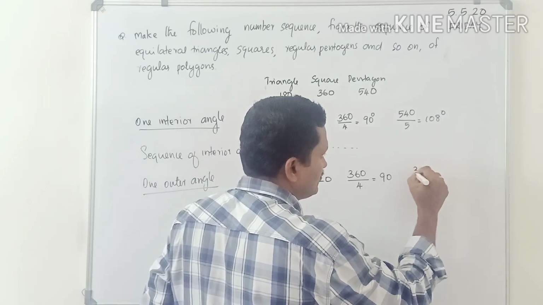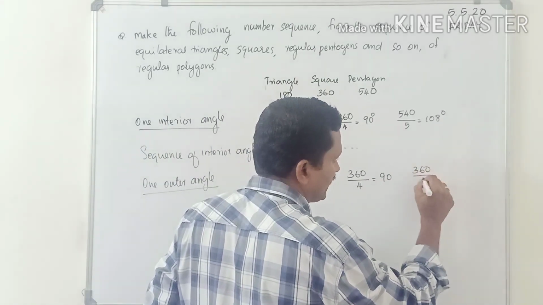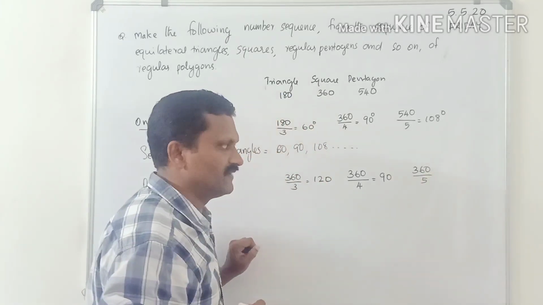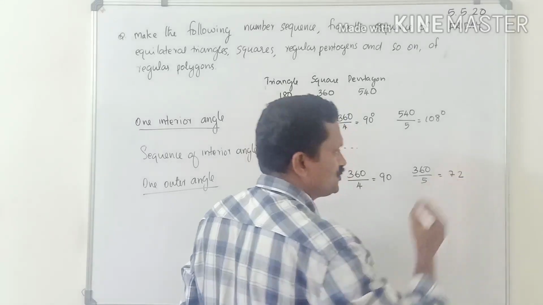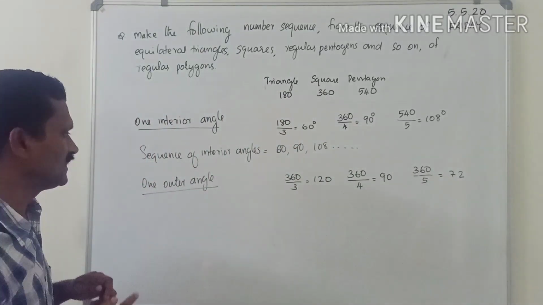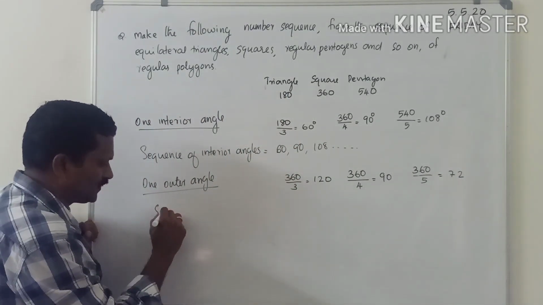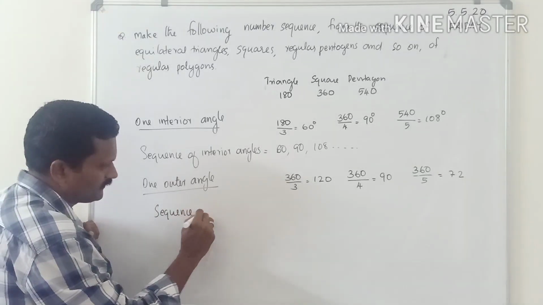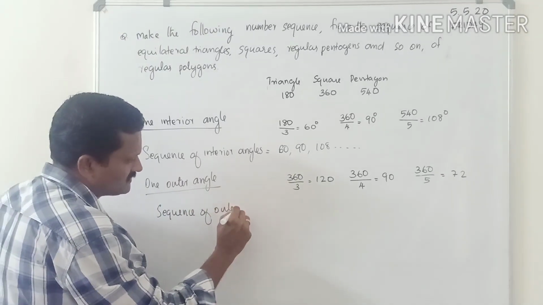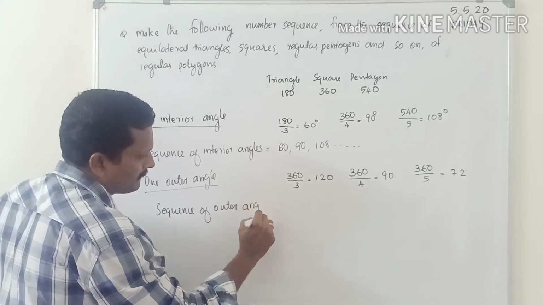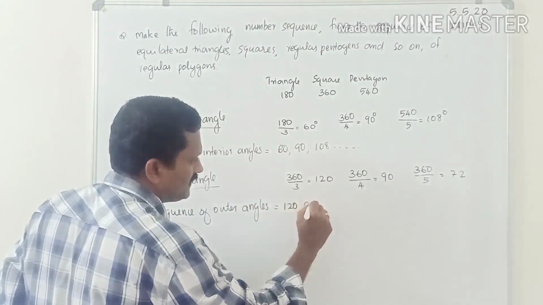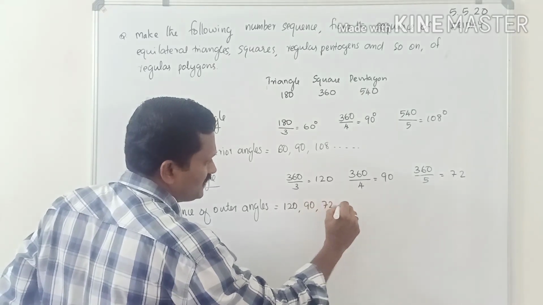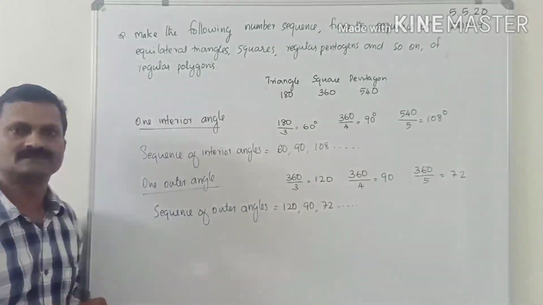In a pentagon, there are five outer angles, that is 360 divided by 5, which is 72. Therefore, the sequence of outer angles is 120, 90, 72, etc.